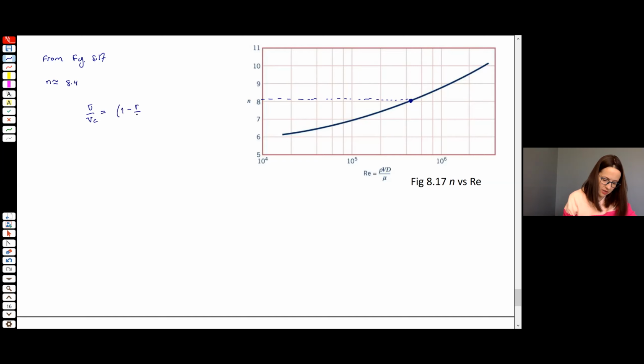One minus r over R, to the 1 over 8.4. Call this equation 3. So now we can integrate 3 in the following way.